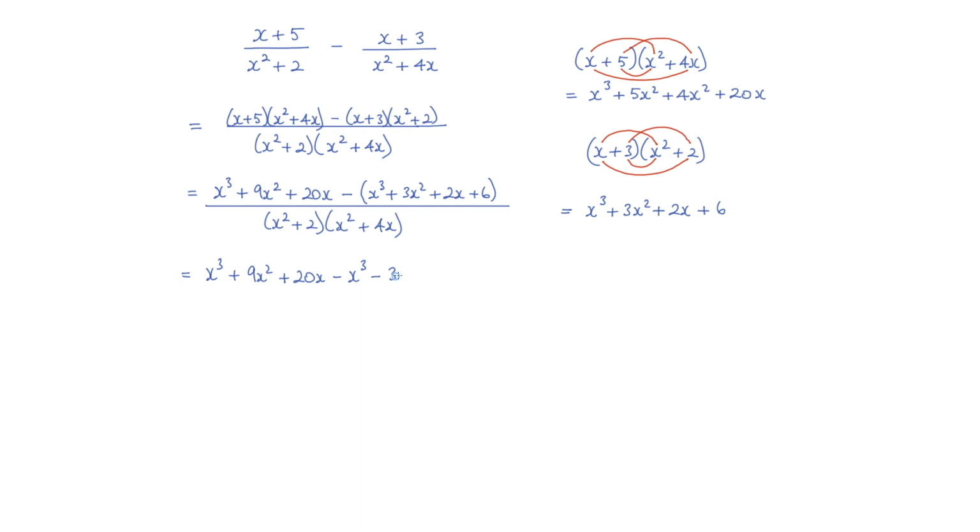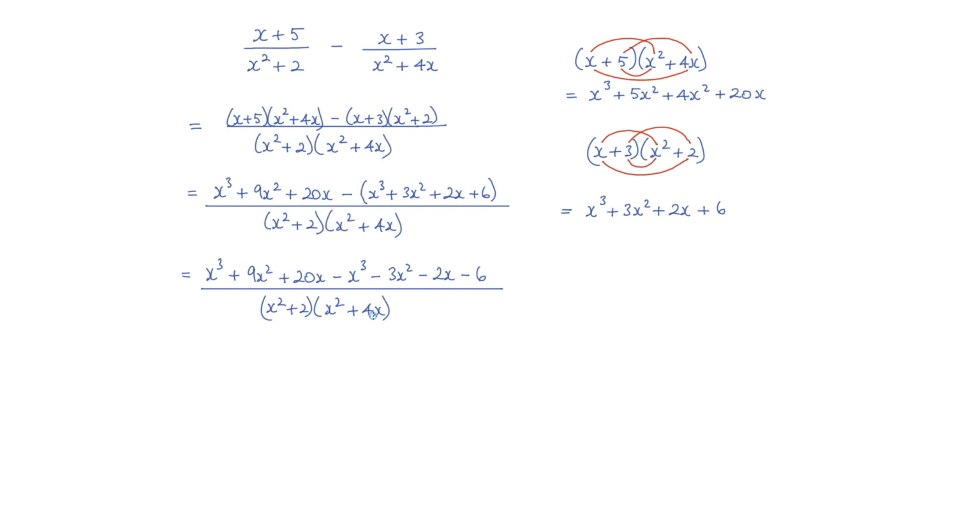It's going to be 3x squared. We've got the negative and another positive, so another negative. It's going to be 2x. And finally, we've got the negative and the positive here, so another negative and 6. As before, try and draw a nice straight vinculum here. And then we've got x squared plus 2. And then finally, x squared plus 4x.